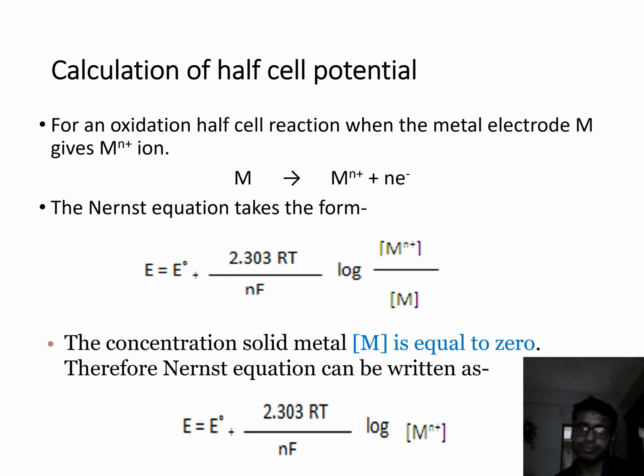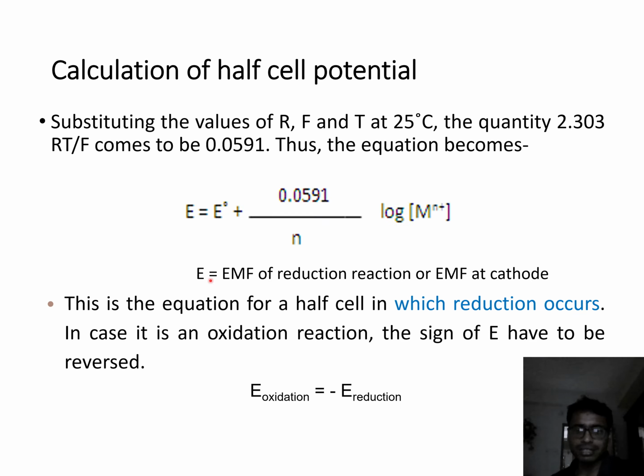Just go through this. So how we will calculate this? So go through this equation, and you can see there is a derivation, but we need to see the ultimate value, which is equal to E naught plus 0.0591 divided by n, because you know RT.